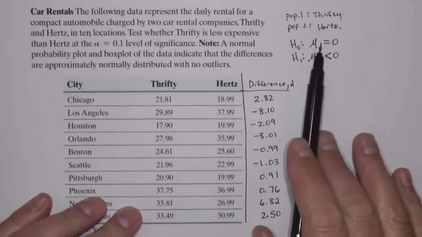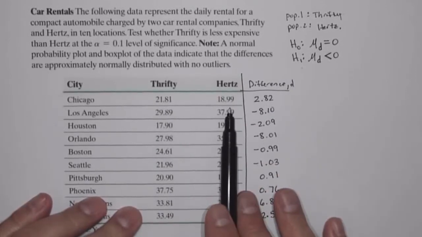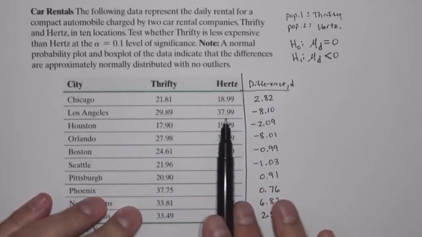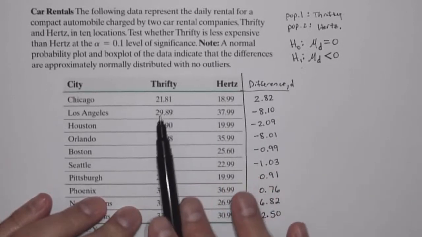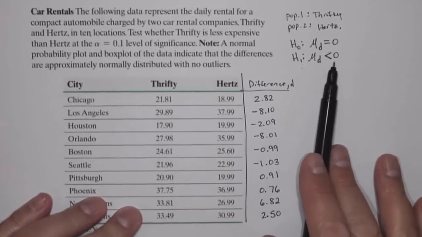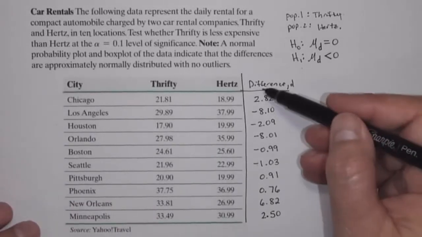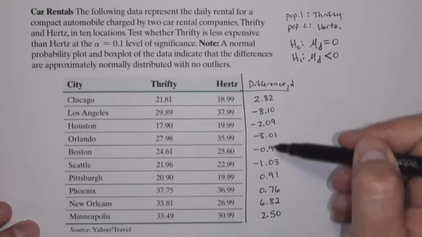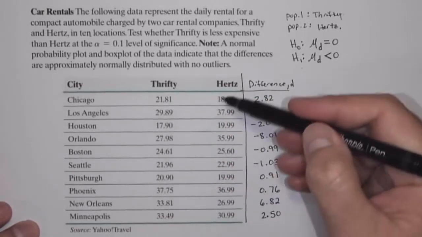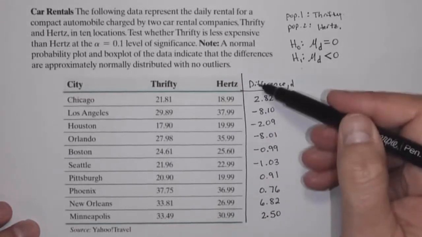The question is, is there no difference between Thrifty's prices and Hertz prices on average, or is Thrifty cheaper, which means the mean of the differences would be less than 0? In order to conduct this test, what I'm really doing is testing these differences, more so than testing the individual values. I'm testing the differences.